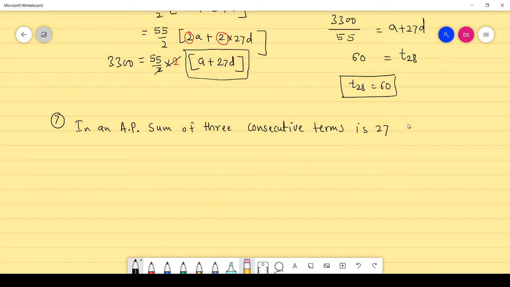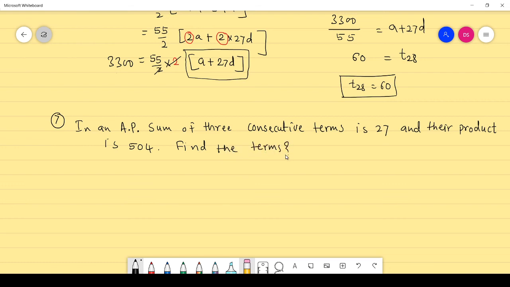And their product, their multiplication, is 504. Product means multiplication. The multiplication of those three consecutive terms is 504, and they ask you to find the three terms.